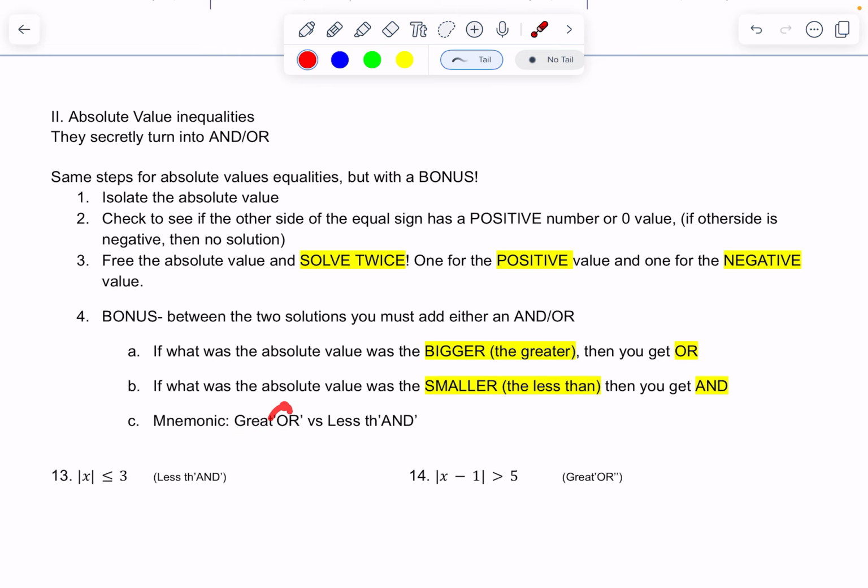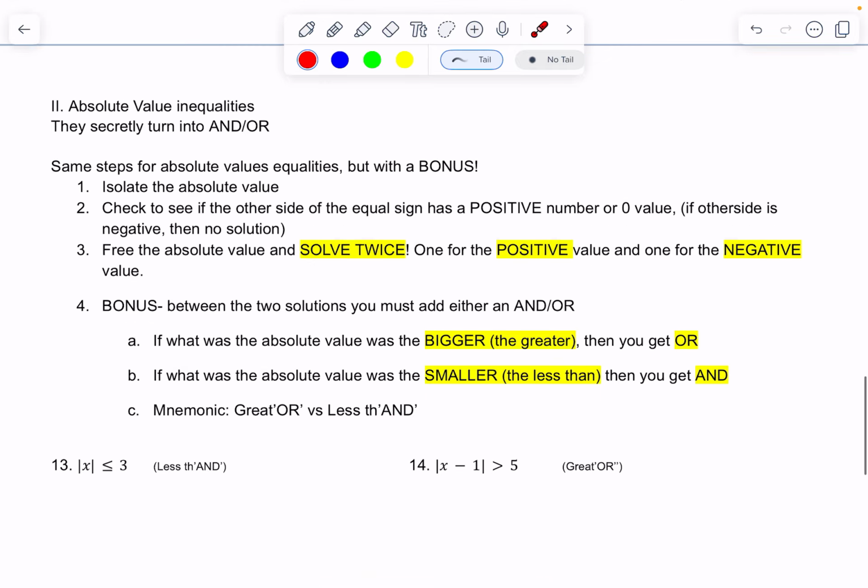Greater has an "or" in it, and less than has an "and" in it. If you set up your equation and you have your absolute values on the left side, whatever the statement says, greater or less than, will tell you if it's going to be an "and" or an "or". So here's an example.